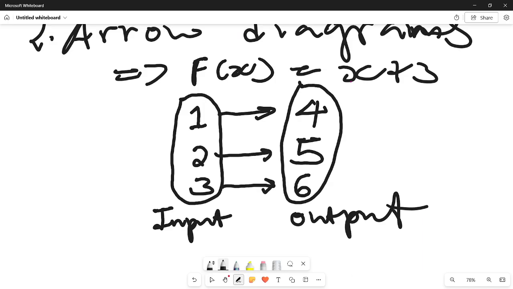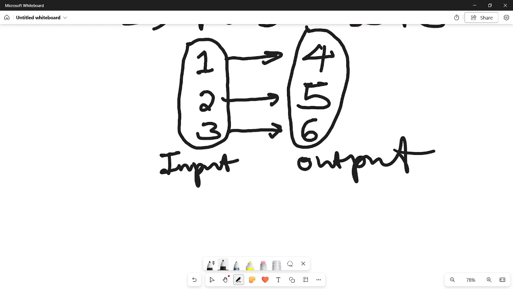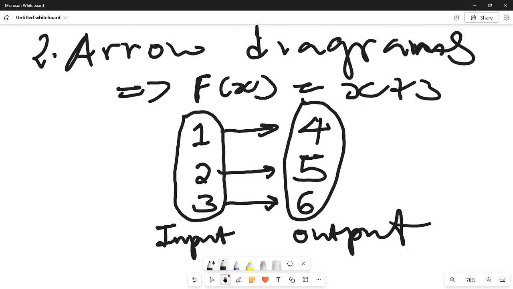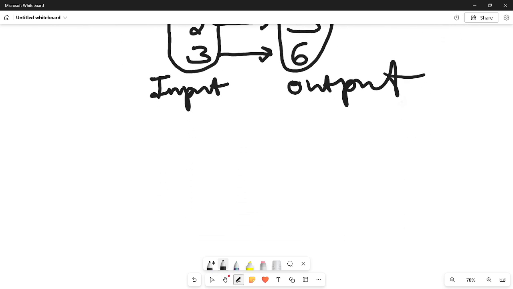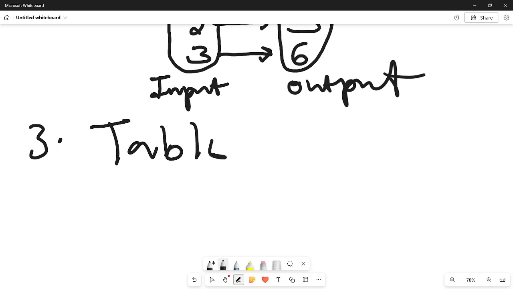All right, so let's proceed. We can also represent a function using tables. So using tables, we can represent functions.